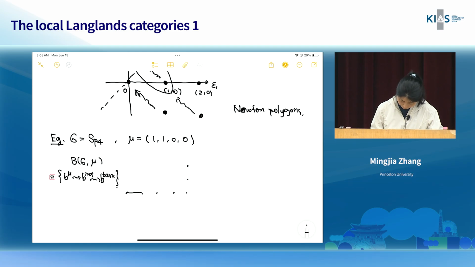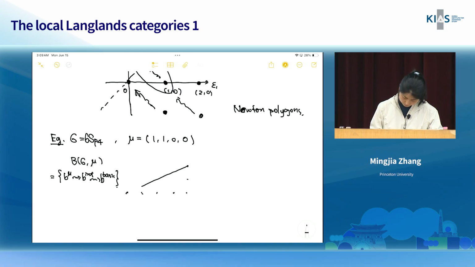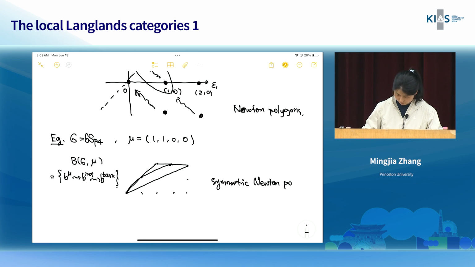The basic element corresponds to this isoclinic polygon. The intermediate one has two breakpoints, with slope 1, then in the middle slope 1/2, and then slope 0. The mu-ordinary one has one breaking point, here. As I said before, in general these are given by symmetric Newton polygons. Okay, I think that's roughly what I wanted to say.